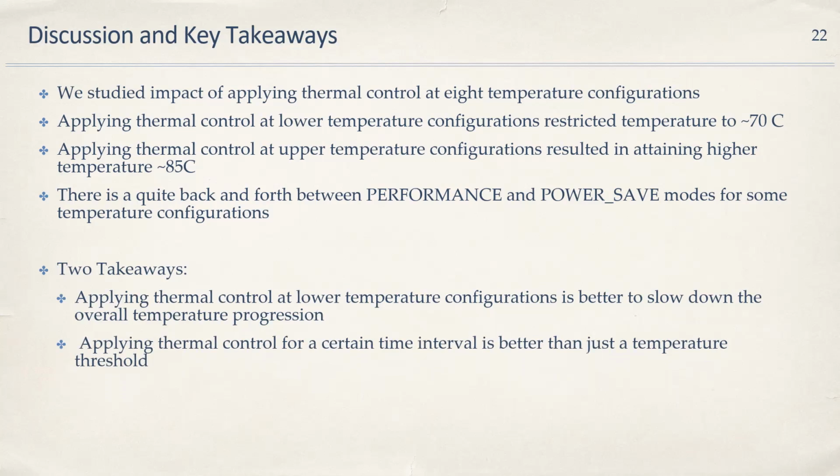For example, we can let the CPU cool down for half an hour, and then it will be more stable, and then we can put the CPU frequency back to its performance mode. Otherwise, there can be a lot of back and forth, which is not desirable.